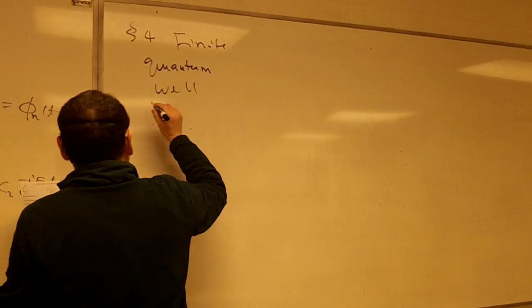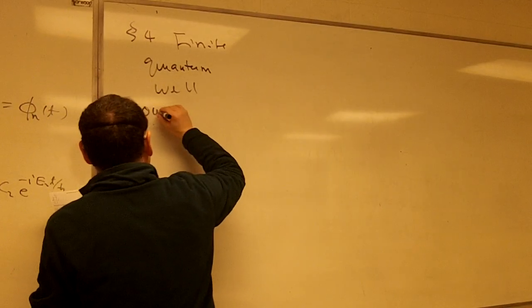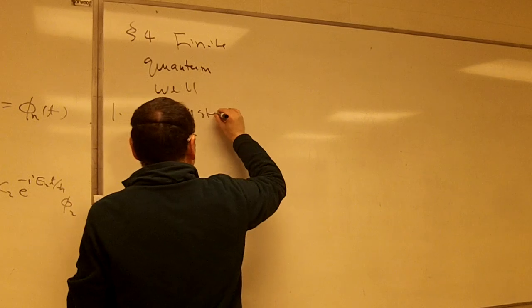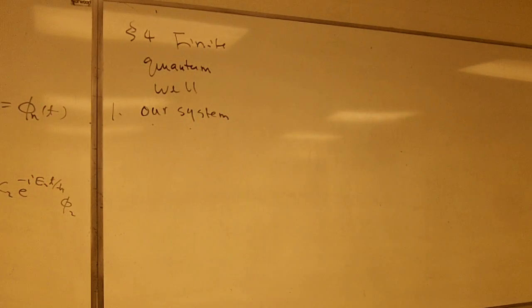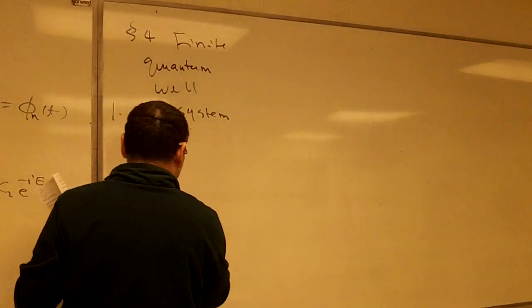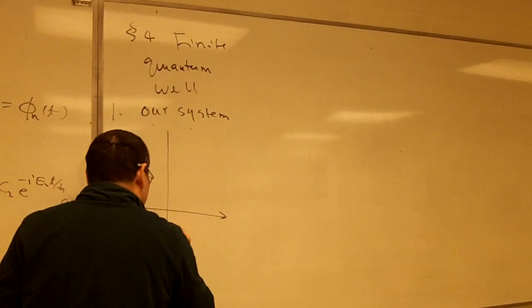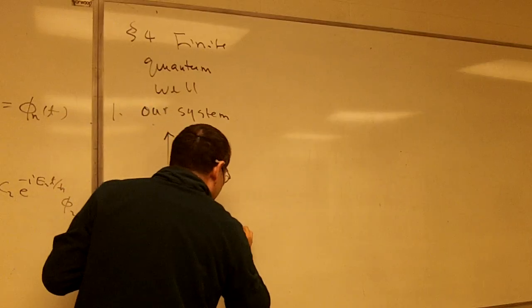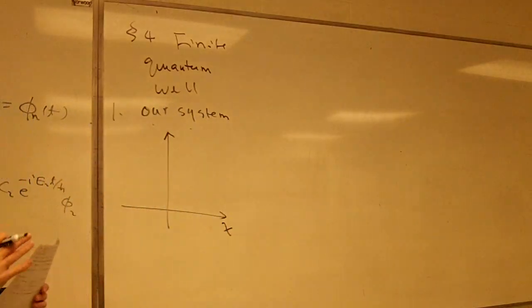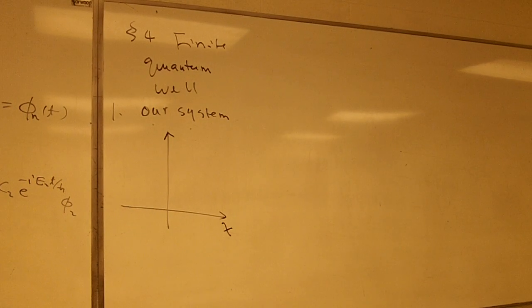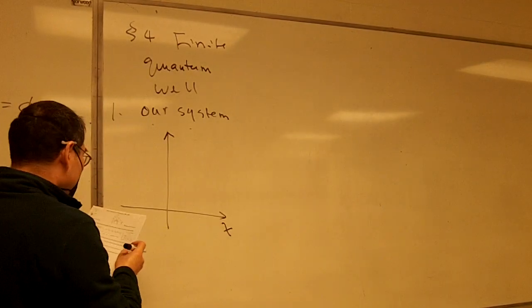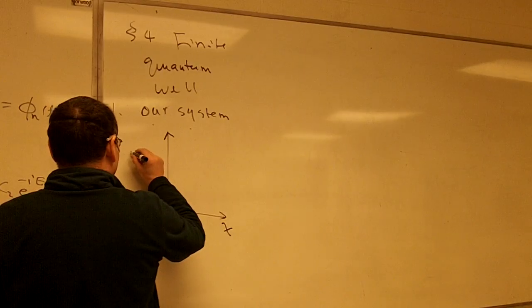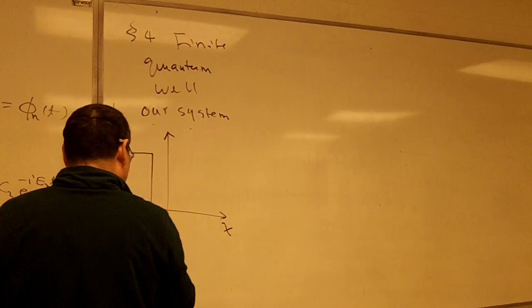Here is our system. Our system is defined by boundary conditions. This horizontal axis is the x coordinate, and the potential has a well like this.